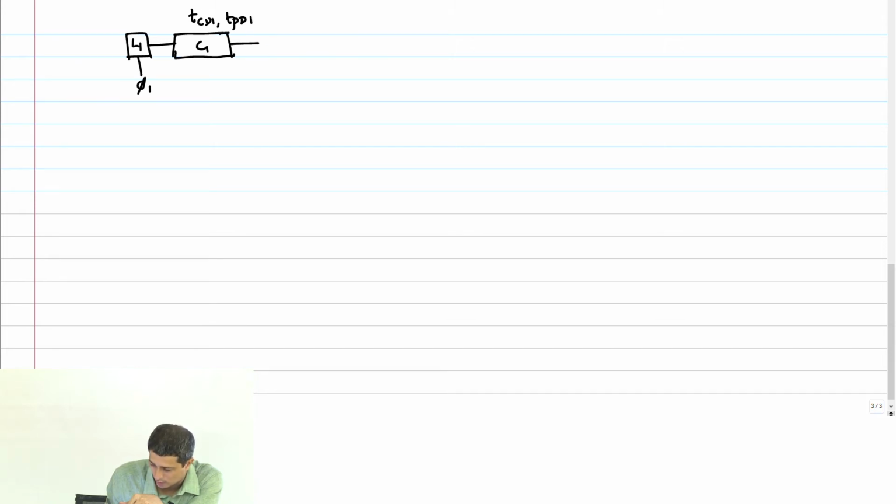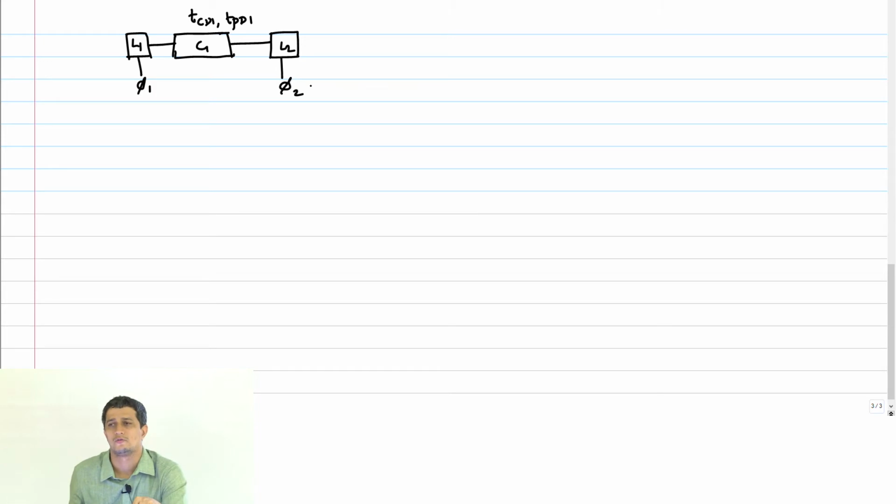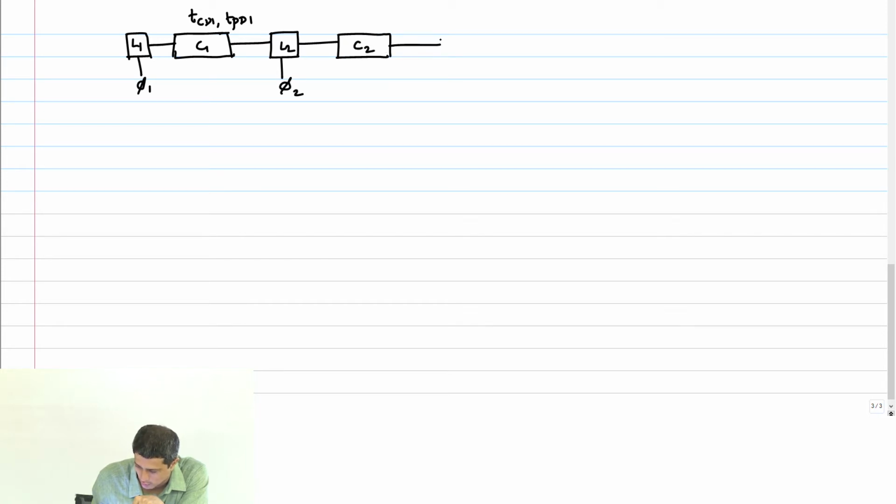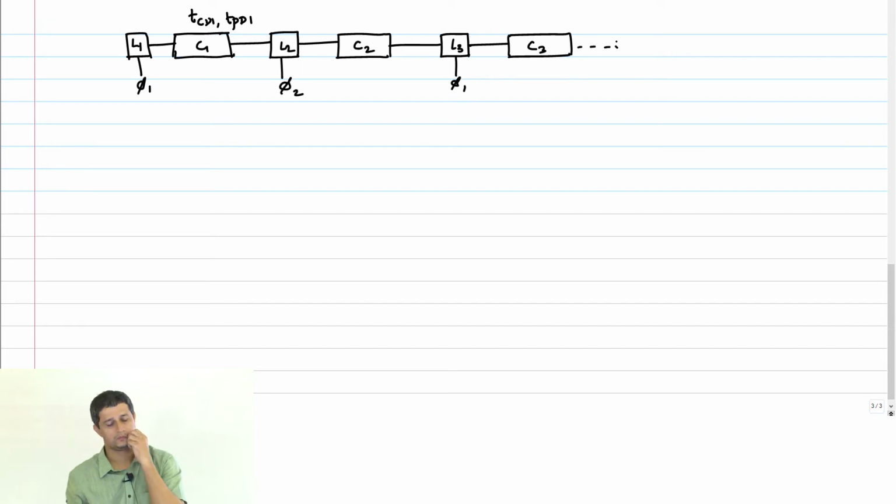Then I have L2, which is controlled by clock phi 2. Then I have combinational block C2, then going back to latch L3 controlled by phi 1 again. Okay, and then you have the following block and all that. This is C3 and so on. Okay, so first let's draw the two clocks.